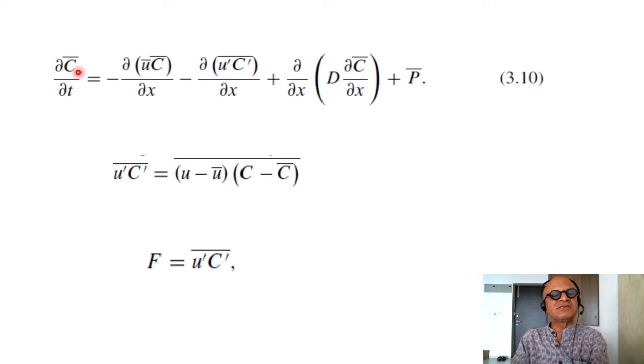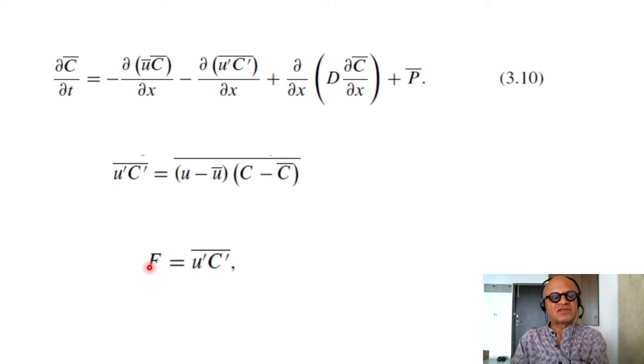So dc bar dt is minus d dx of u bar c bar minus d dx of u prime c prime bar. So it's the average of the product, not individuals, plus d dx of dc bar dx plus p bar. And here the average of u prime c prime is again, of course, u minus u bar times c minus c bar.